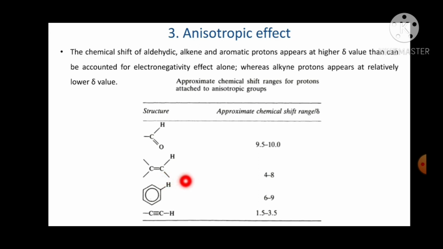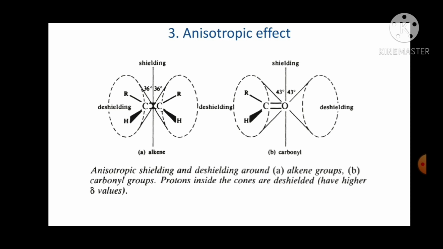Aromatic protons in a ring structure appear between 6 and 9. And alkyne protons, acetylene-type protons with a carbon-carbon triple bond, appear between 1.5 and 3.5. So why does it do so? We can get into that.